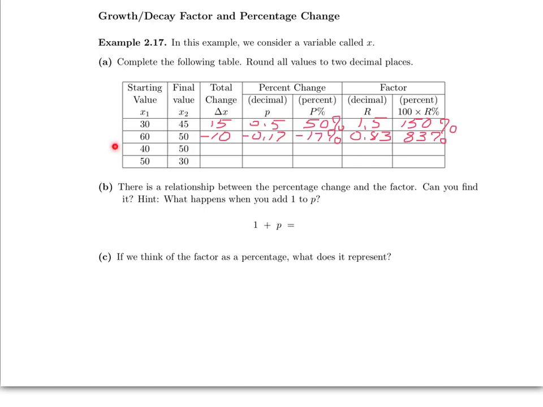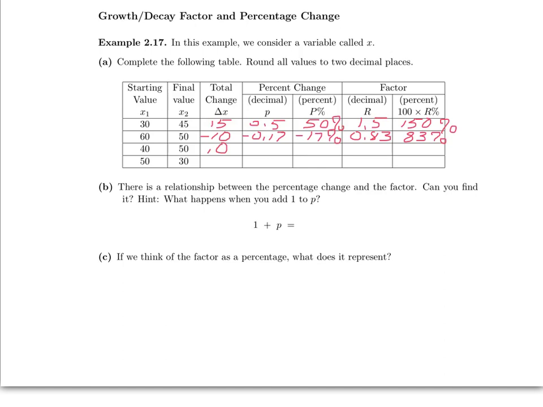Now let's go ahead and do the third row. In this case, the variable increased from 40 to 50. That's a change of 10. The decimal representation of the percent change is found by taking that 10 and dividing by the starting value of 40.